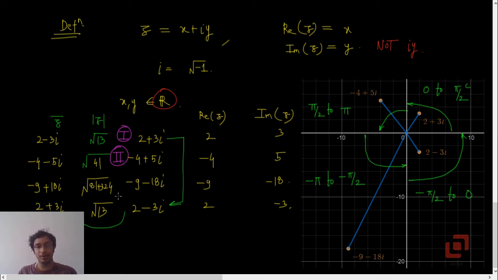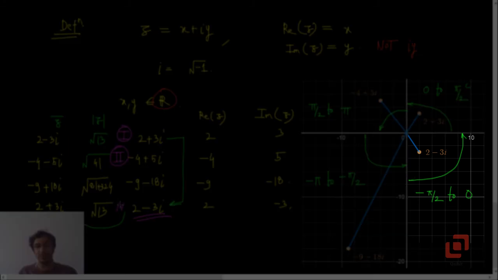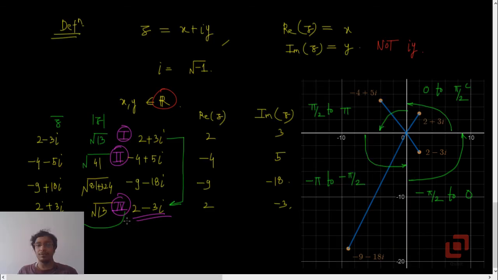Okay, let's now talk about this particular complex number. This lies in the fourth quadrant. We are now talking about the principal argument, so we will say that the principal argument of this complex number will be between 0 and -90 degrees.